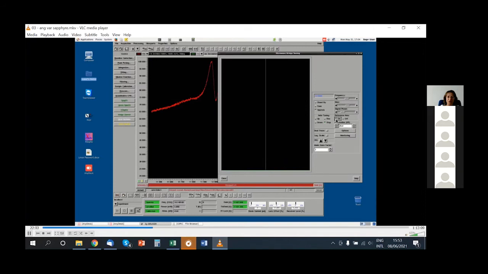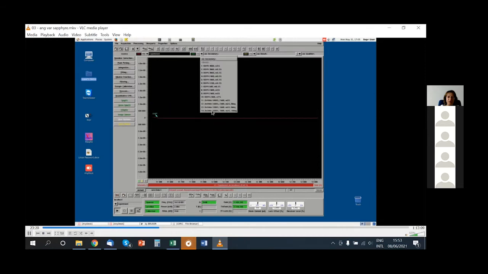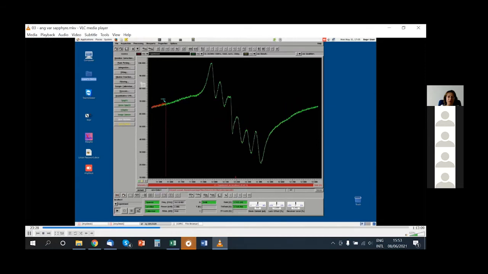Otherwise, you cannot obtain a structural model. You need a specific pattern, and you have to rotate according to the known crystal symmetry. If the symmetry is low, you have to rotate maybe 180 degrees, not 90.